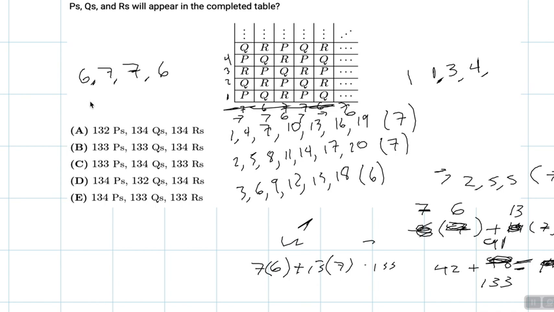Yeah, wait, and rethinking, so that's a pattern for R. For Q, it's going to be 7, 6, no, sorry, 7, 7, 6.